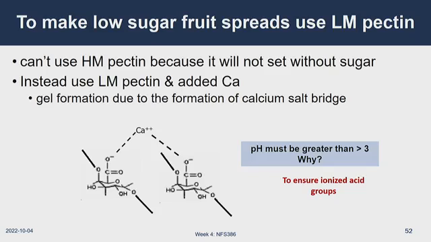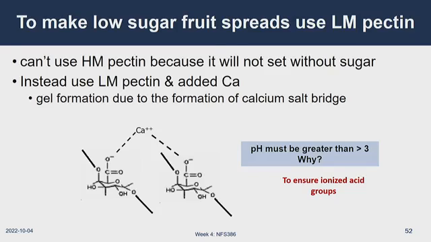As I said, the pH must be higher than 3. Why? This is to ensure the ionized groups are maintained. Because if we don't have a higher pH, we may lose the ionized group, so we won't be able to see this O minus.